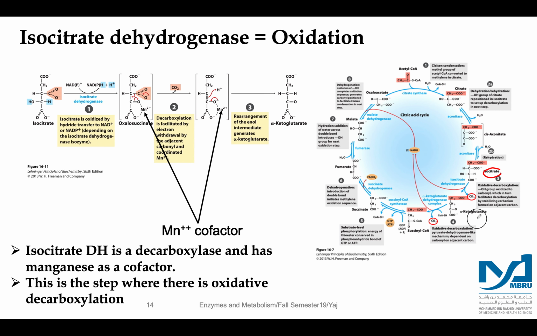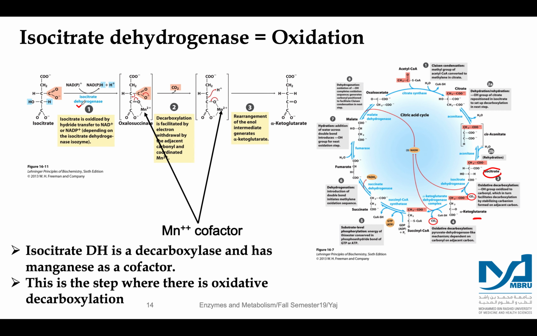So this particular step involves the enzyme isocitrate dehydrogenase. Again, I mention here, you do not need to know the structure of any of the molecules. You do not need to know the reaction mechanism involved in the process.